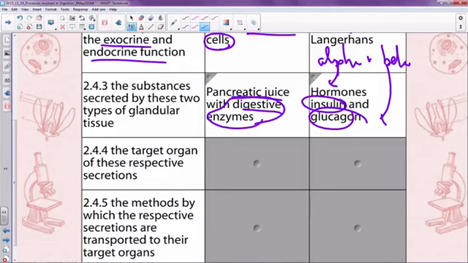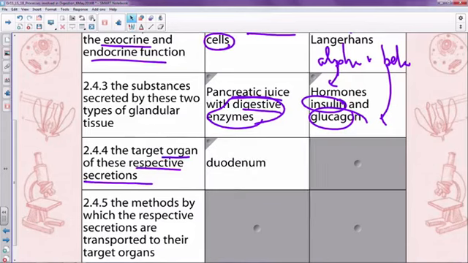So guys, let me just say this: insulin and glucagon are hormones that are produced. Go back to 2.4.4. The target organ of these respective secretions. So what do these secretions target? When we look at the digestive juices, they go directly into the duodenum, and hence they will be responsible for digestion of your intestinal contents in the duodenum.